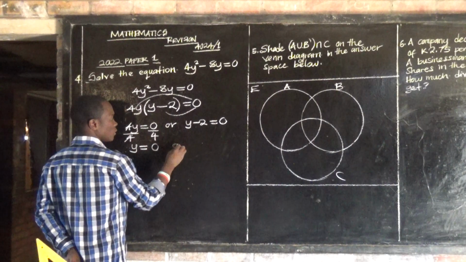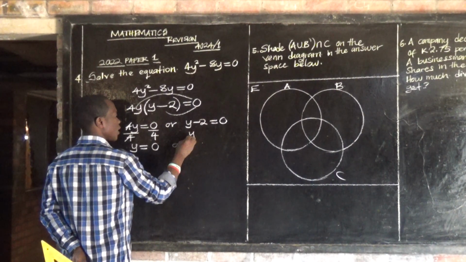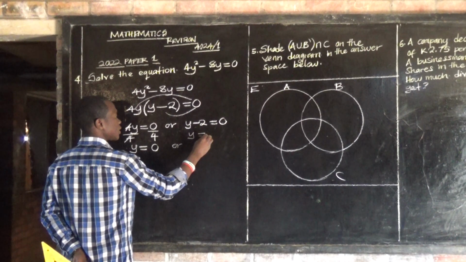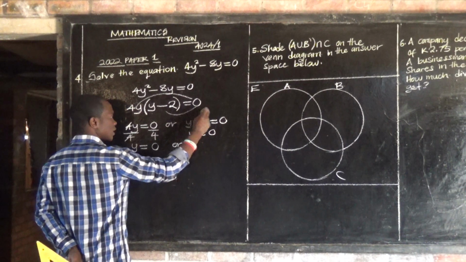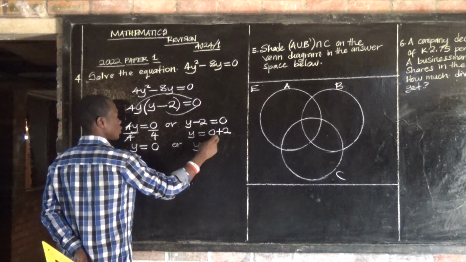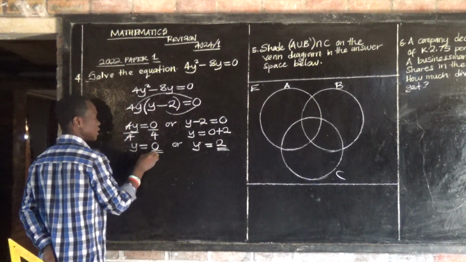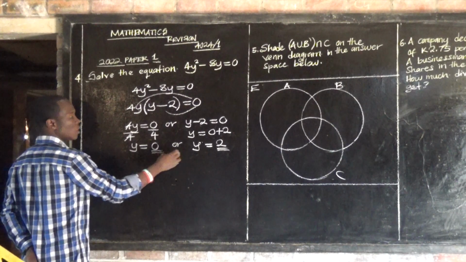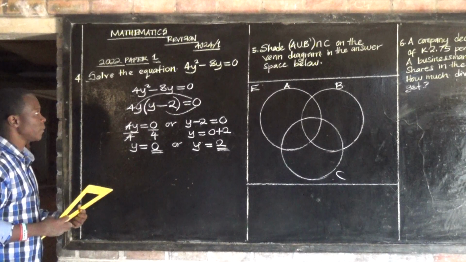Or, in this case, you collect like terms and say y is equal to 0. When you transpose this negative 2 to the other side, you're going to have a positive 2. So y is equal to 0 plus 2, which is 2. So these are the two solutions for y: y is equal to 0 or y is equal to positive 2.